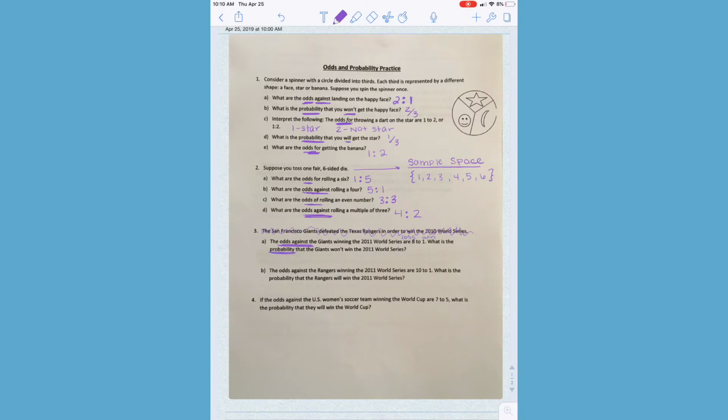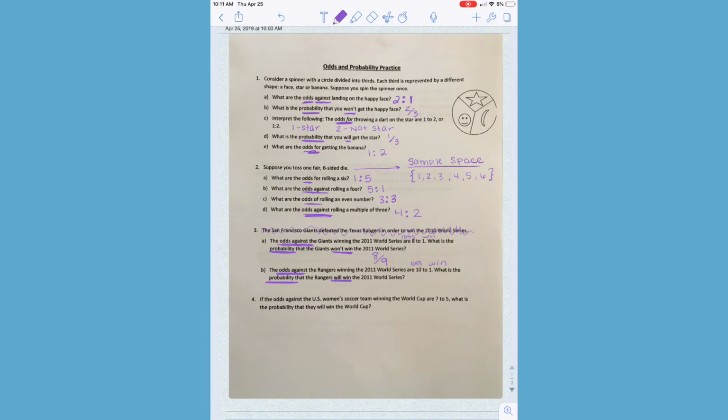What is the probability that the Giants won't win? Losses are 8, and I want to look at it out of a total number of games, a total of 8 plus 1, which is 9. The odds against the Rangers winning are 10-1, so 10 is my losses and 1 is my win. What is the probability that the Rangers will win?